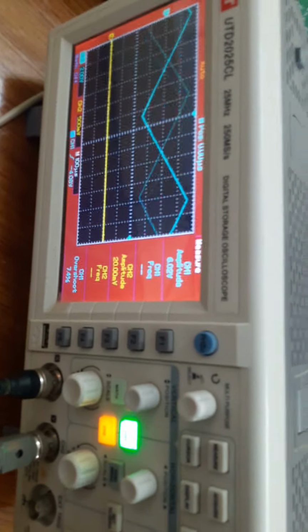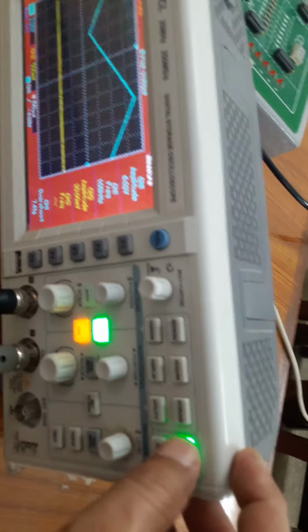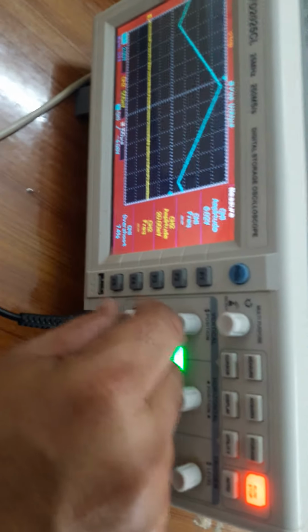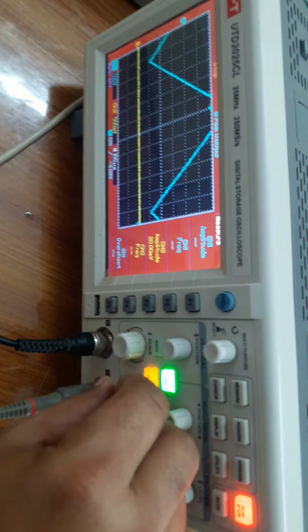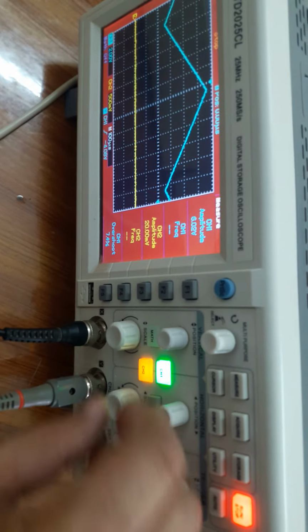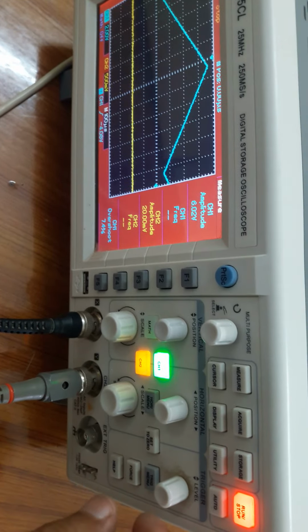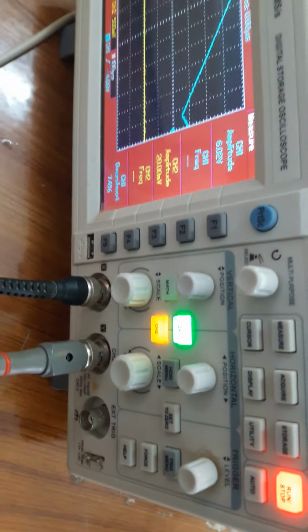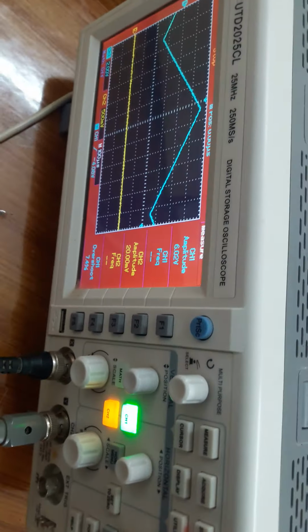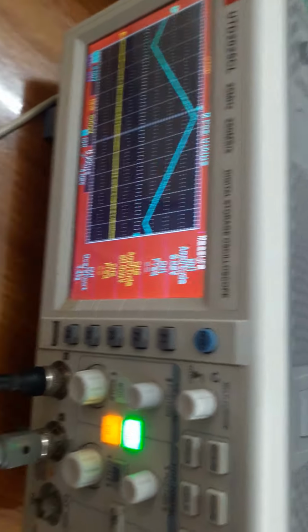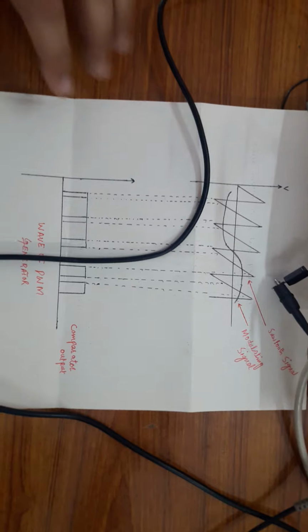Here you can see the sawtooth waveform in the input side, okay.